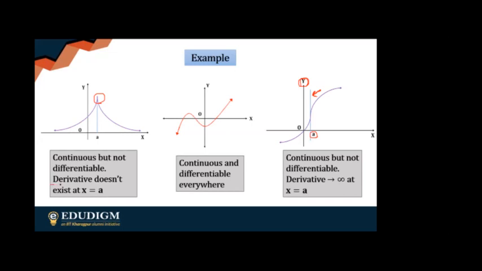And that is why the derivative does not exist at x equals a. I hope this is okay with you. Just take one very classic example, this mod x, where it bends sharply. So this is the point of discussion when it comes to differentiability. Is this okay with you?